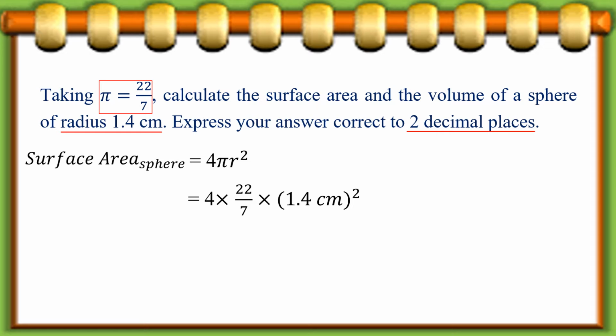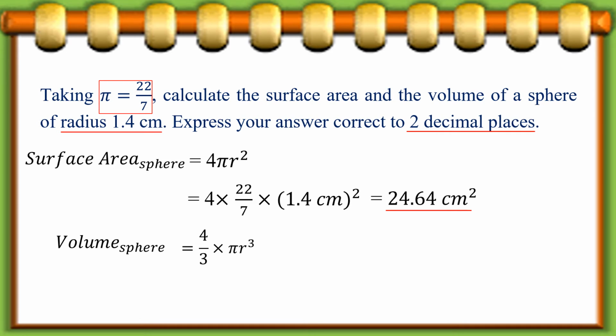Multiplying, it would be equal to 24.64. Since we are going to correct it to 2 decimal places, we shall have 24.64 square centimeters. Do note that the surface area is always expressed to the second power.